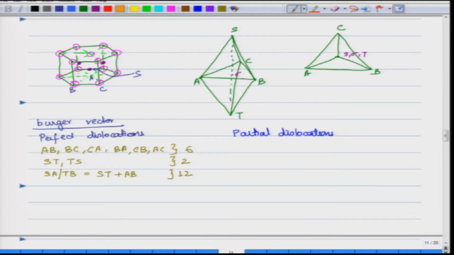So, in brief what we are doing is connecting all the endpoints A, B, C, S, T, and for SA/TB you again take the full vector over here and the TB, both of them are full vectors, and you connect them, and what you get is a vector called SA/TB. So, all of these are connecting endpoints, but when we are talking about partial dislocations, one way or the other they will be connected with sigma.